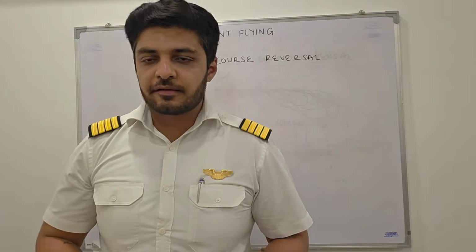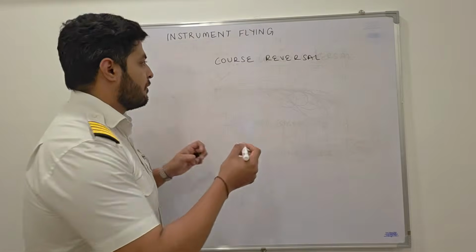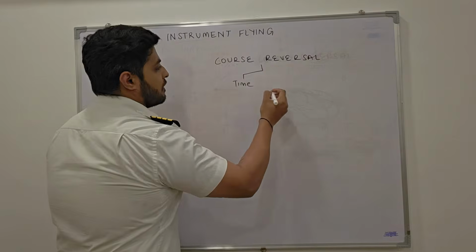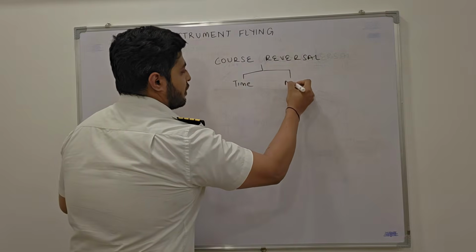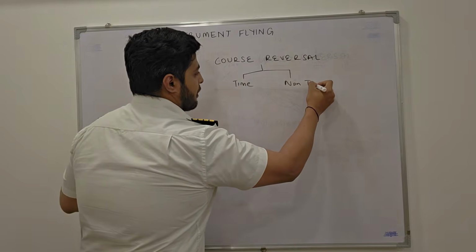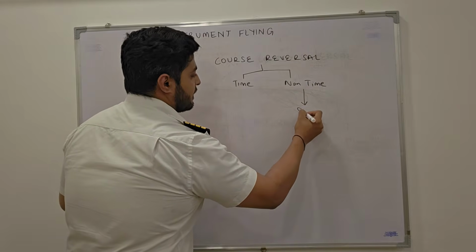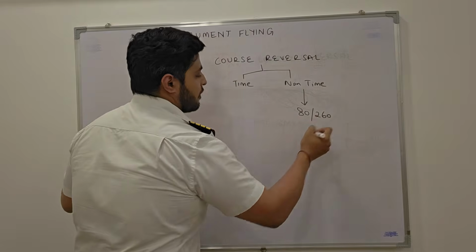Now course reversal is categorized into two types. Number 1, time based. Number 2, non-time based. In non-time based, we follow what is known as the 80 to 260 turn.